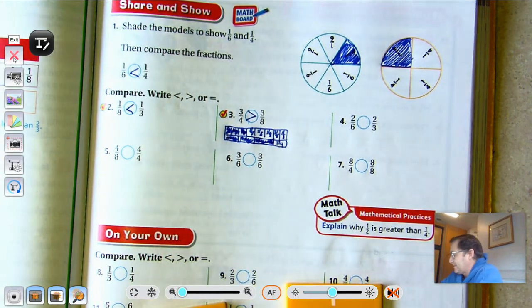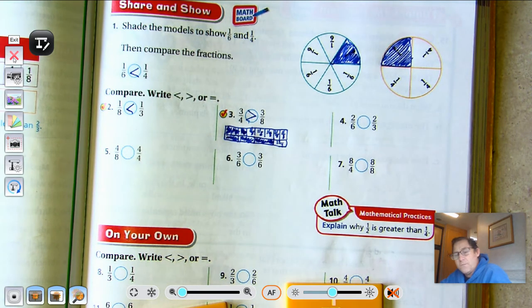So 2/6 compared to 2/3. If we use reasoning, it says that the more pieces a whole is divided into, the smaller the pieces are.